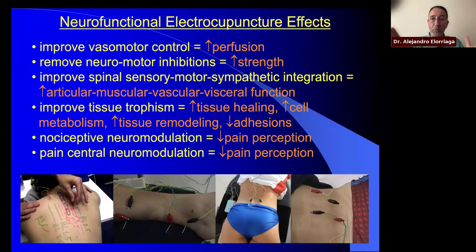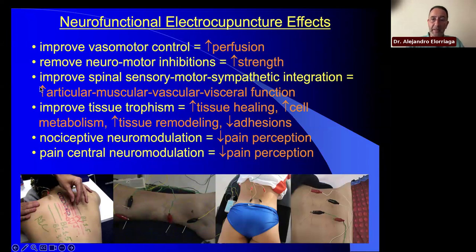The segment, remember, was the third step in the events that the nervous system carries on: from transduction, transmission, modulation, and then perception once it reaches the central nervous system.